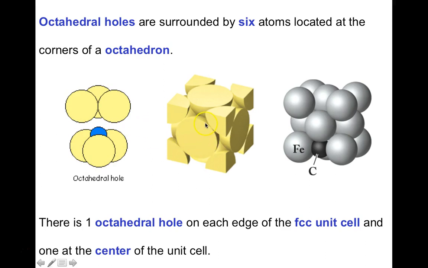There's also one of these holes right in the very middle of the unit cell that is surrounded by the 6 face-centered atoms. So previously we were discussing the structure of the alloy steel, and in steel what we have is a face-centered cubic array of iron, and then the carbon atoms sit in these octahedral holes.